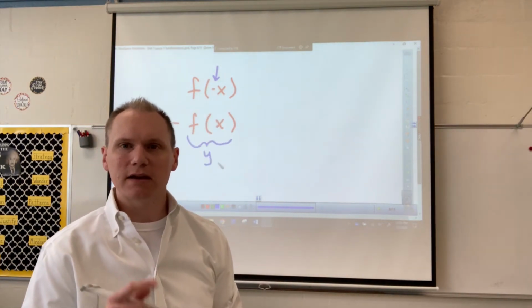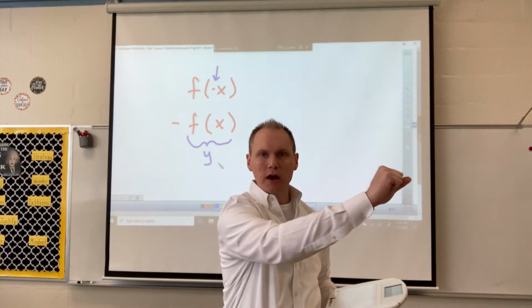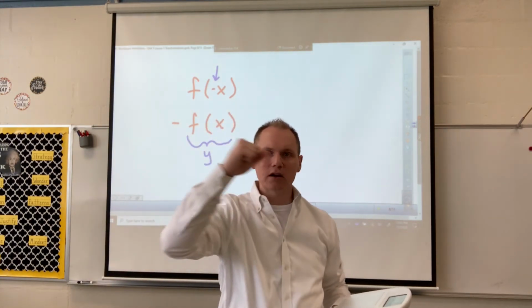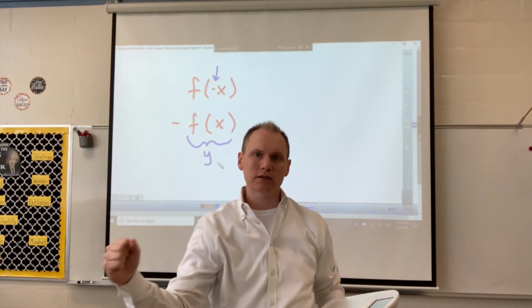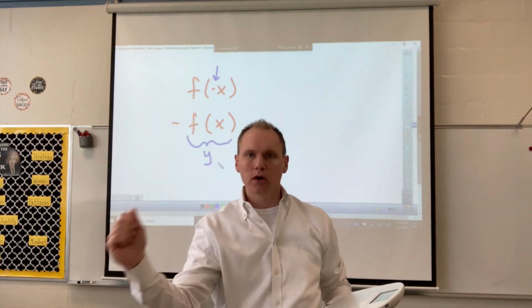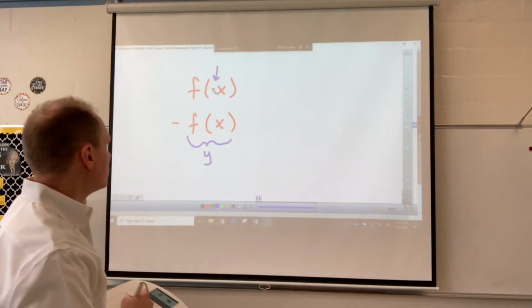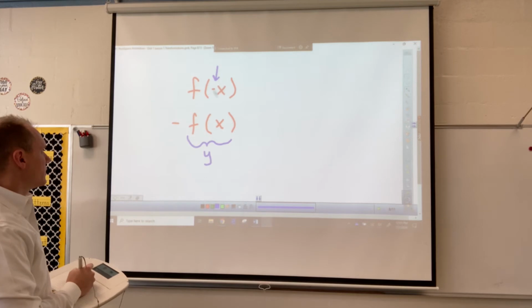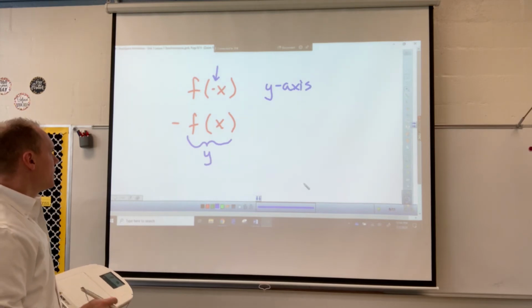So if we negate every x value, any x value that was to the right of the y-axis is now going to be to the left of the y-axis. Anything that was to the left of the y-axis is now going to be to the right. So we're going to reflect across the y-axis when we put negative x in for x.